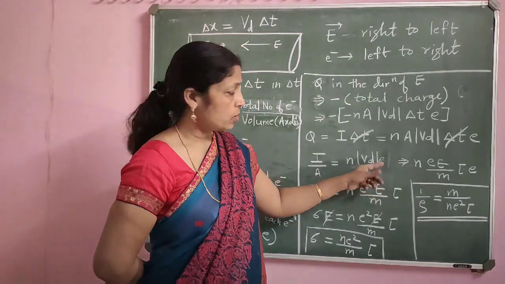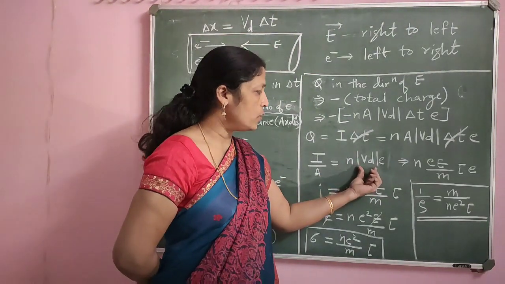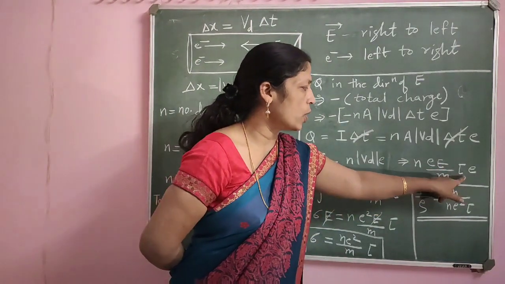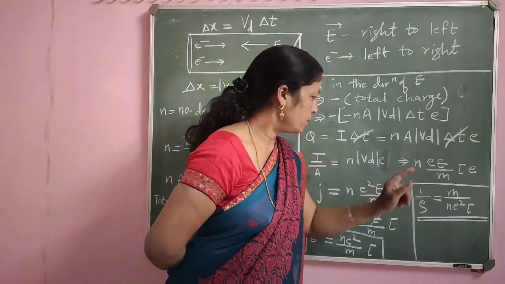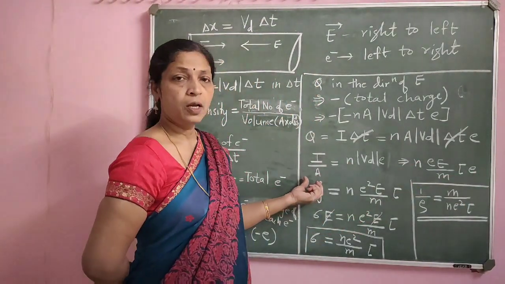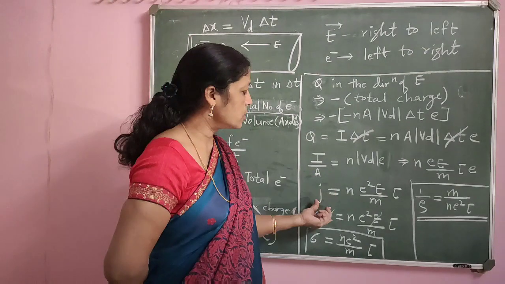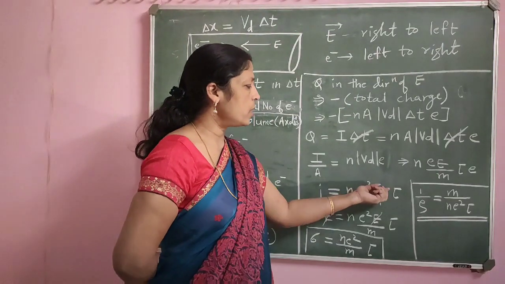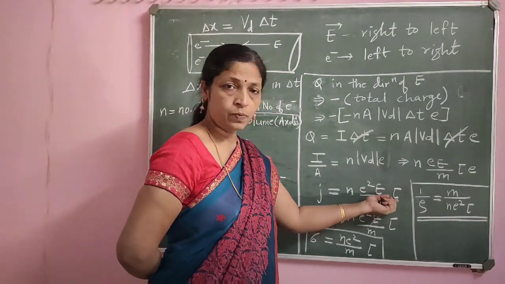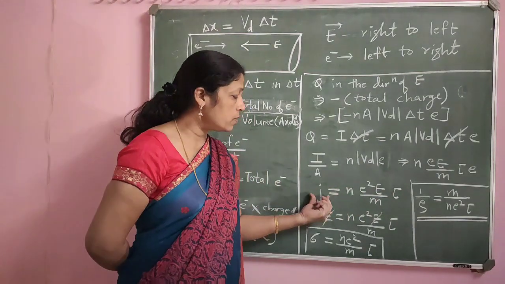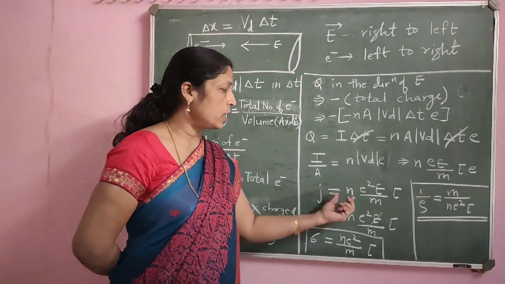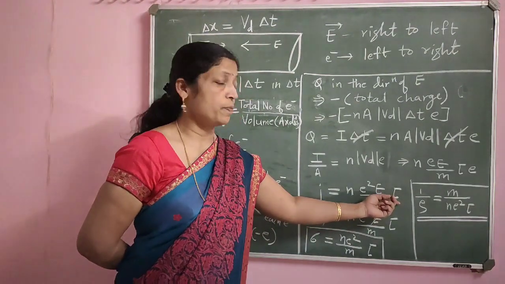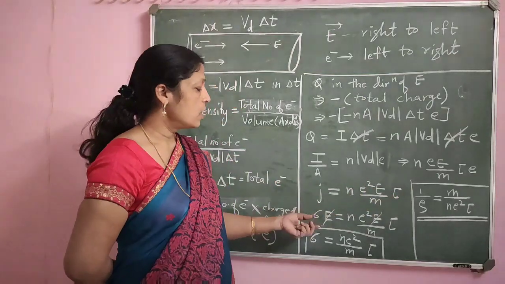Now substitute the modulus or the positive value of drift velocity, e upon m into tau into E. I upon A, in the earlier slide we have seen, is the current density J. So J equals n e square E tau upon m. This is the important relation between current density, electric field and relaxation time.